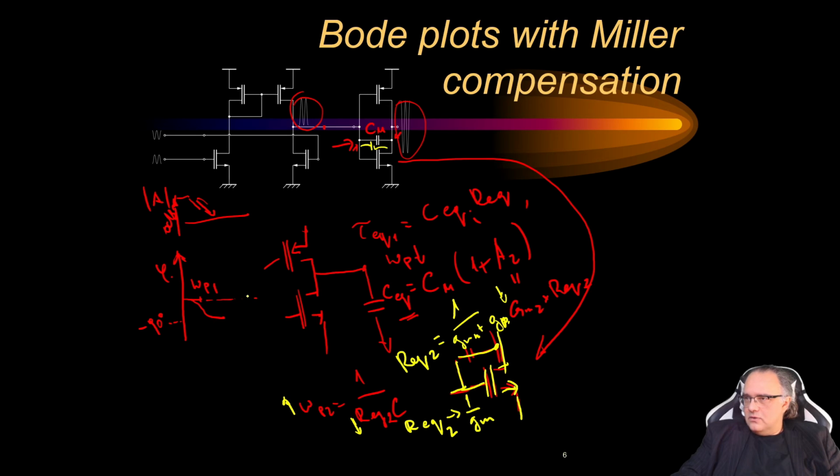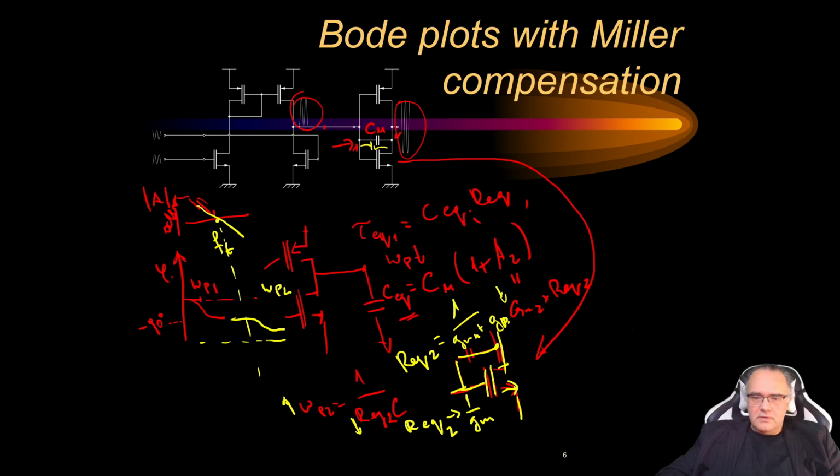So the second pole goes to much higher frequencies, and the phase rotation due to the second pole starts at a very high frequency. So this means that up to the unity gain bandwidth, we can have a system which behaves like a single pole amplifier, which is a stable amplifier.